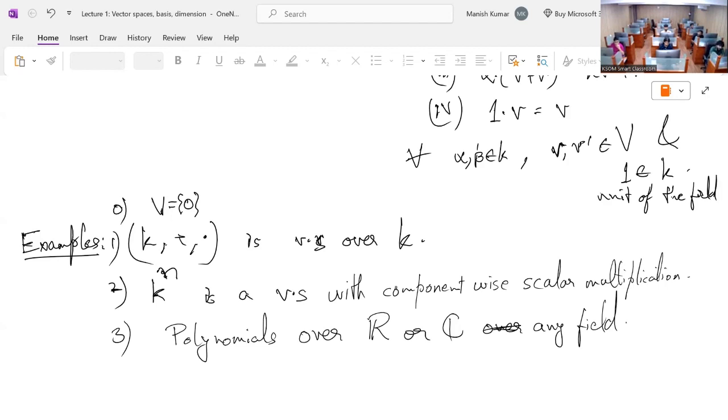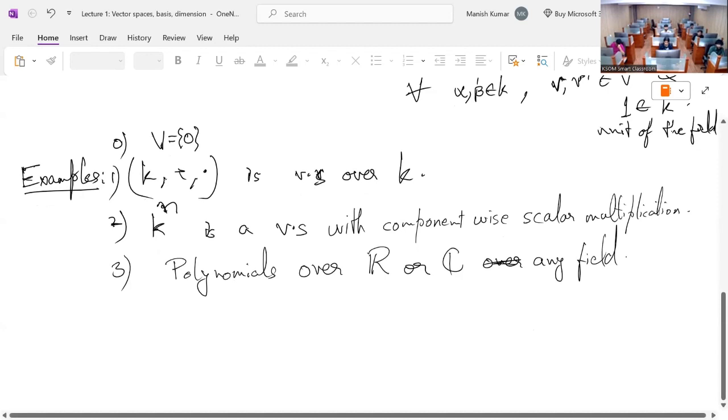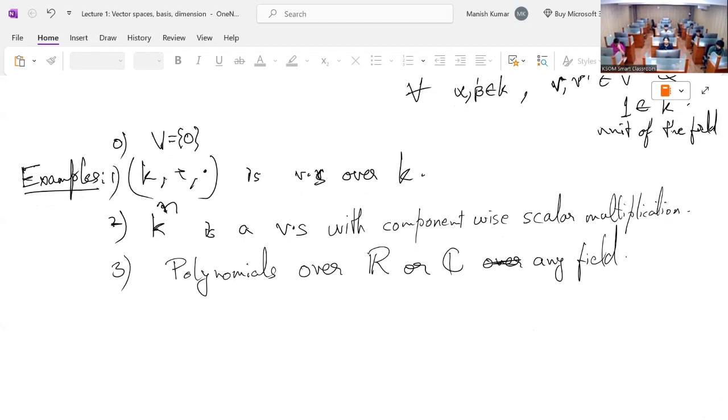Or in fact, from any topological space to R. If you take these as continuous functions, then that also forms a vector space. Since you are taking real-valued functions, adding two functions makes sense. The sum of two continuous functions we know is a continuous function, and so on. So the set of continuous functions, real-valued or complex-valued, will also be a vector space.